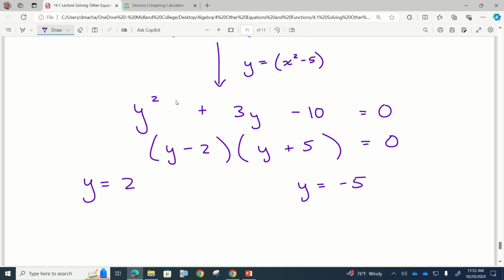But remember my substitution, I said y is equal to x squared minus 5. So what I should really write over here is x squared minus 5 is equal to 2. And over here, x squared minus 5 is equal to negative 5.